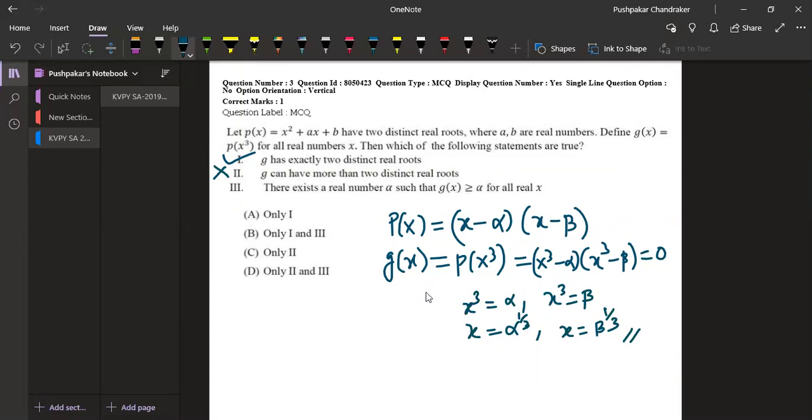That's true, because if you see, g of x is x cube minus alpha into x cube minus beta. If you find the degree of this, it will come as x power 6.